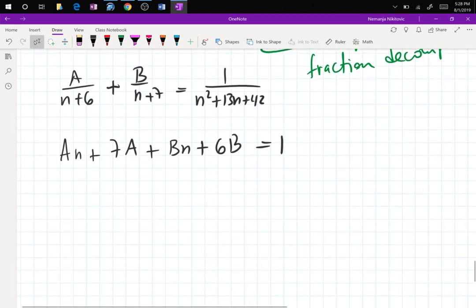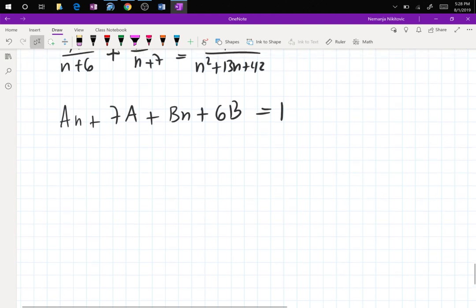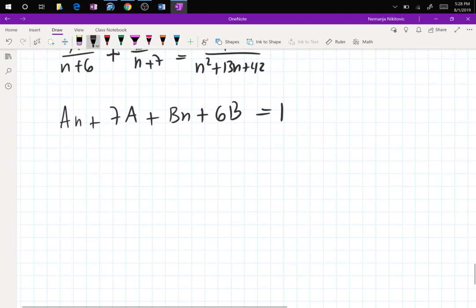Now obviously this is on your exam on Monday, so you already know what to do here. We have a plus b equals to 0, because there are no n terms on this side. And then 7a plus 6b equals to 1.